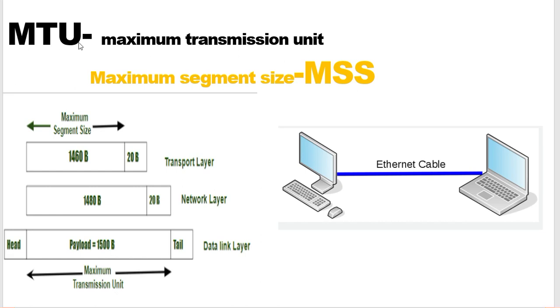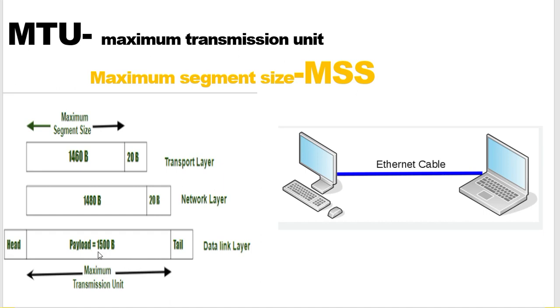The MTU is the maximum transmission unit of your wire, and the MSS is the maximum segment size. A segment comes in the transport layer. In the network layer, the payload is called the packet, and here it is called a segment. In the data link layer, it's called a frame.